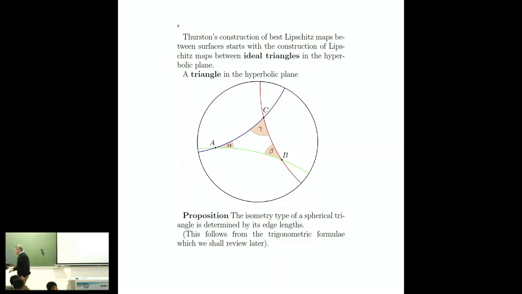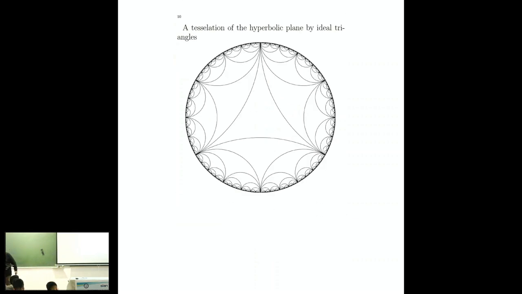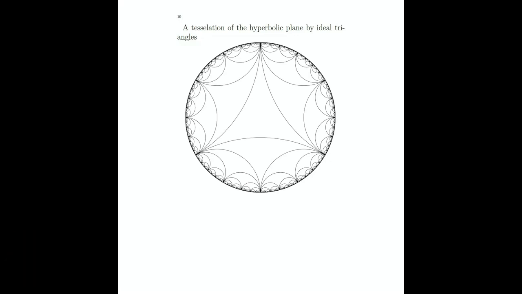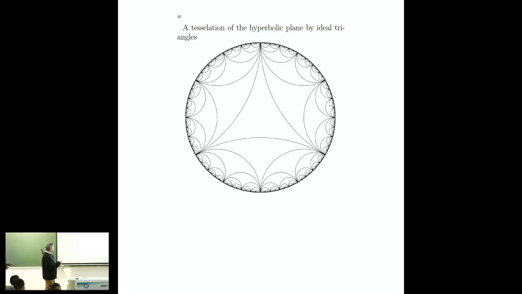I said this because I was looking at this picture. I said that all these triangles are isometric. In fact, not only are they isometric, but there's an isometry of the whole space which sends one of these triangles to the other triangle.